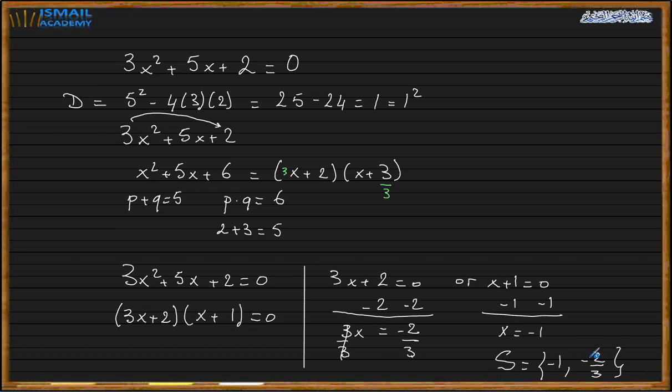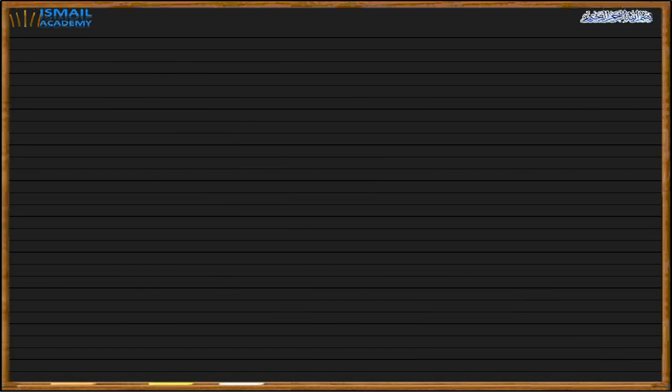So this is for that case. Let's pick another case. Suppose I want to solve this equation: 3x² + 2x + 13 = 17 - 3x.